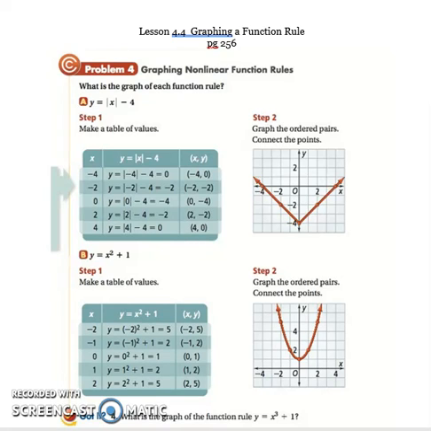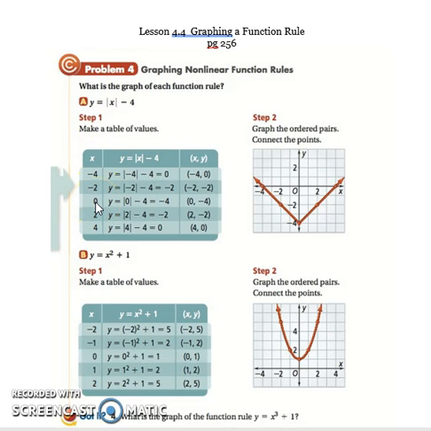Okay, this is Algebra 1, Part 1, Lesson 4.4, Graphing a Function Rule on page 256, Problem 4, Graphing Non-Linear Function Rules. So the easiest thing to do if it's not a straight line in y equals mx plus b form is to make a table of values.